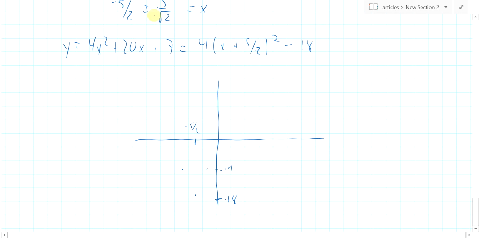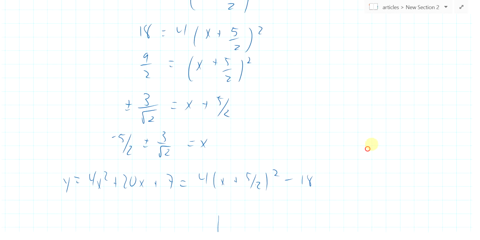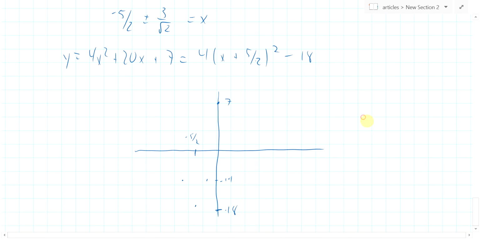And then we have our 2 roots, which are minus 5 halves plus 3 halves. The y-intercept will be up about 7, and so our parabola will look like that.